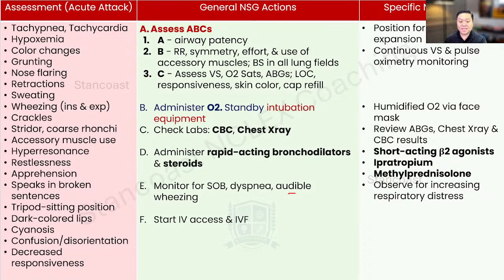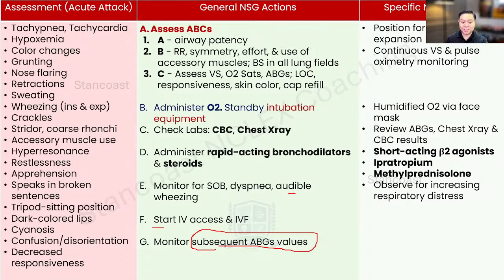Now, around this time, we really need to make sure that we have an IV started for this patient. And also, we are going to have to monitor the patient's subsequent ABGs, because in the critical phase, there should be subsequent checking of the arterial blood gases in order to monitor if the patient is deteriorating, or let's say if they are improving.